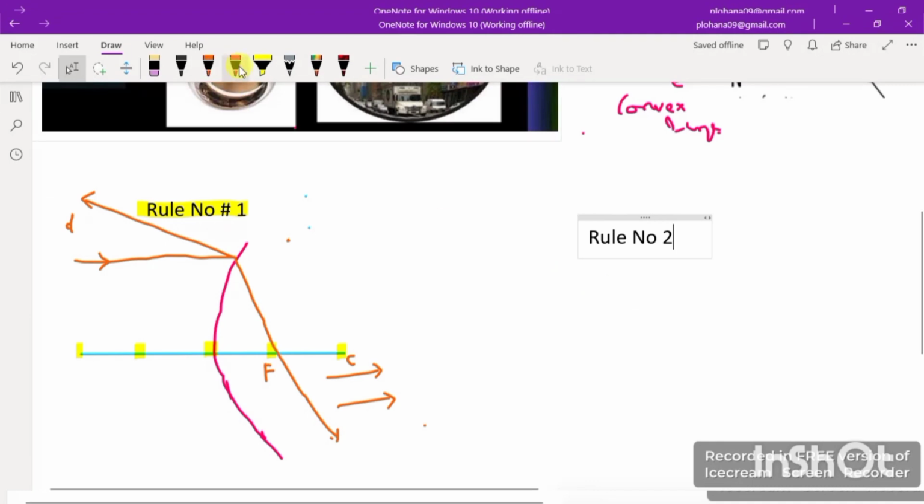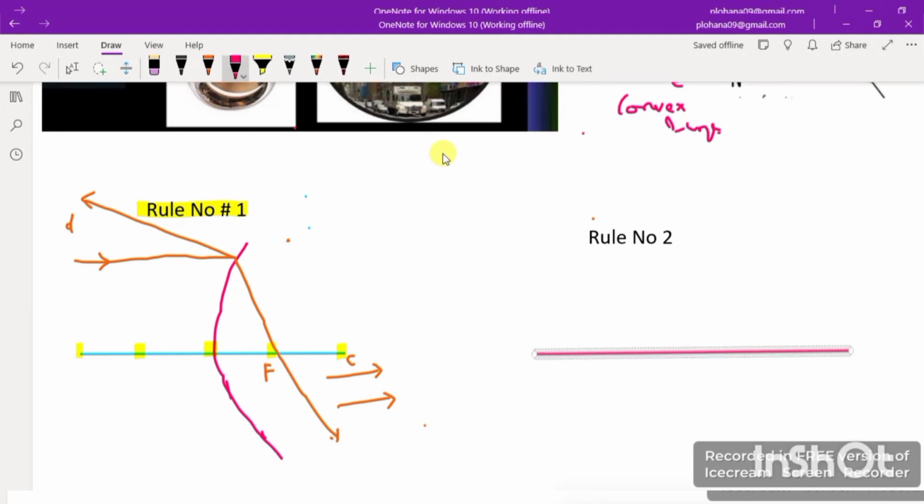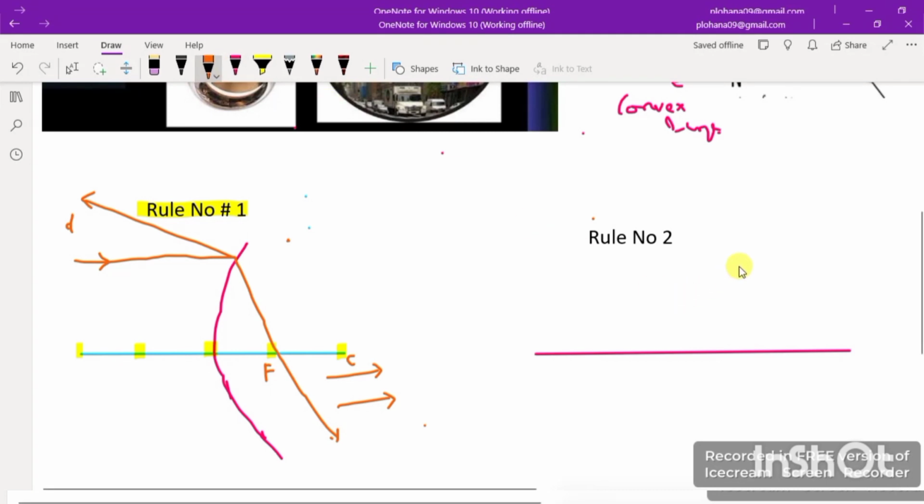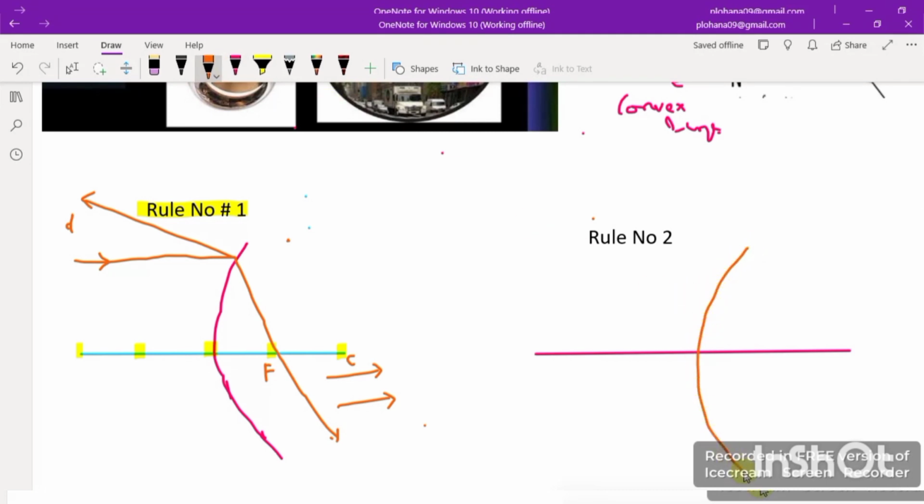So I'm just going to draw the diagram here so that it can be clearer. Okay. So this is the principal axis. This is the convex mirror here, right?